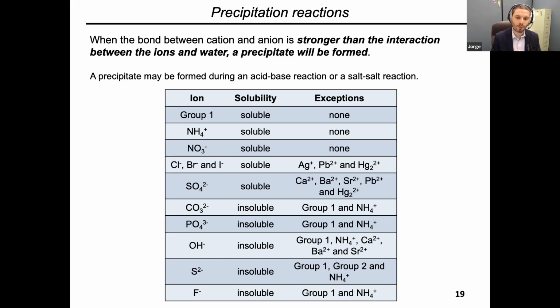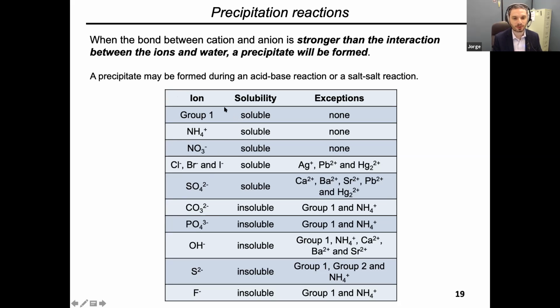How do you know when a salt is soluble or insoluble? You have to refer back to the solubility table. Always look at the solubility table. To determine the solubility of any salt, you just need to use the cation or the anion present in the table.